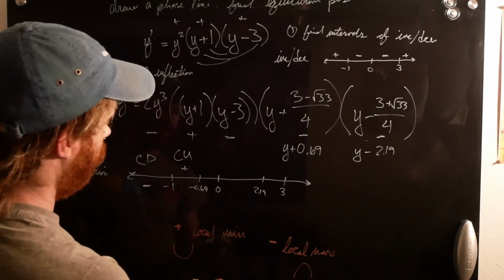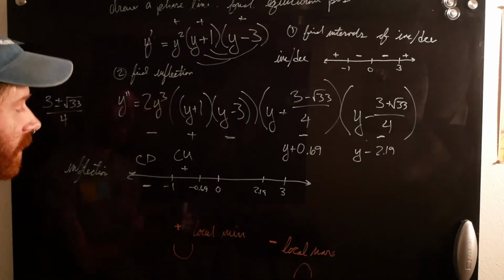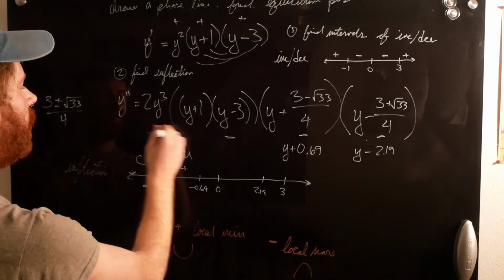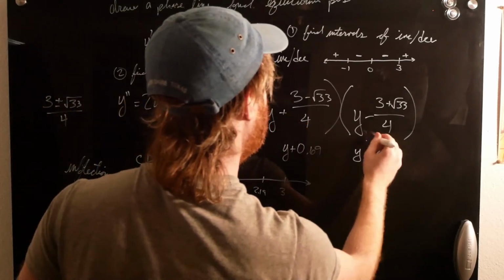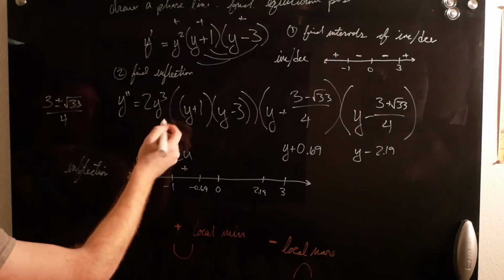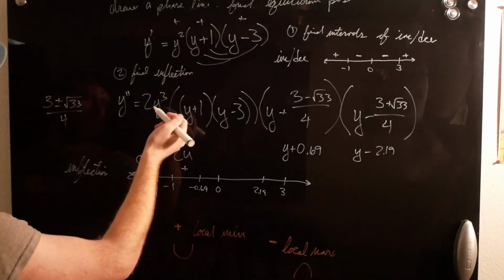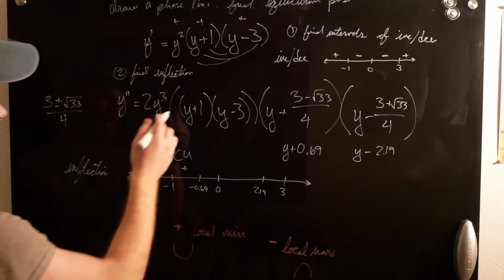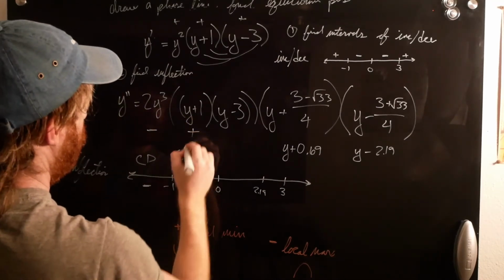So now we have to do a point between negative 0.69 and 0. We'll just choose negative 0.1, right? And I'm going to come back and erase all of these. Okay, so negative 0.1, this is going to be a negative again. Negative 0.1 cubed is negative, times positive 2 is a negative. Negative 0.1 plus 1 is now positive, right?